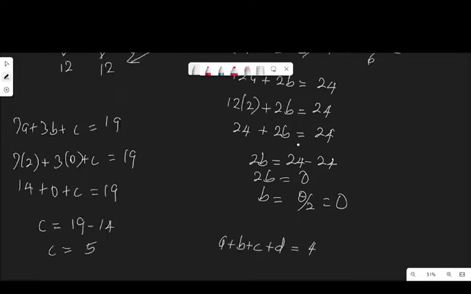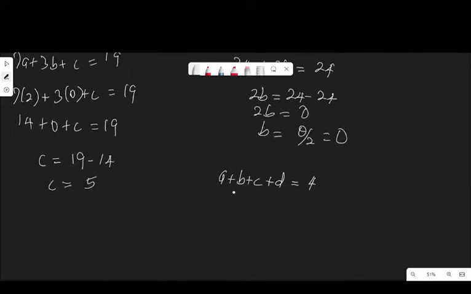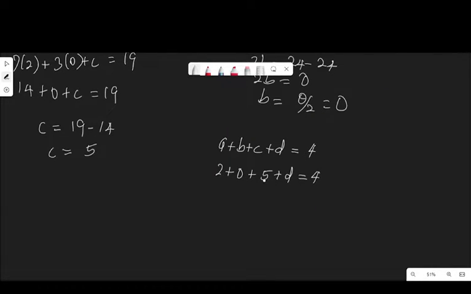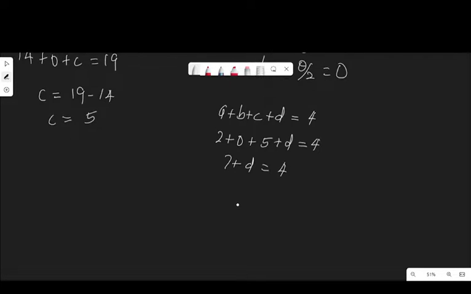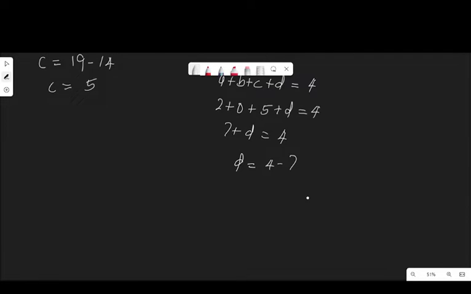And a is 2. 2 plus b, which is 0, plus 5, which is c, plus d equal to 4. 2 plus 5 is 7. 7 plus d is equal to 4. d therefore is 4 minus 7, which is minus 3.